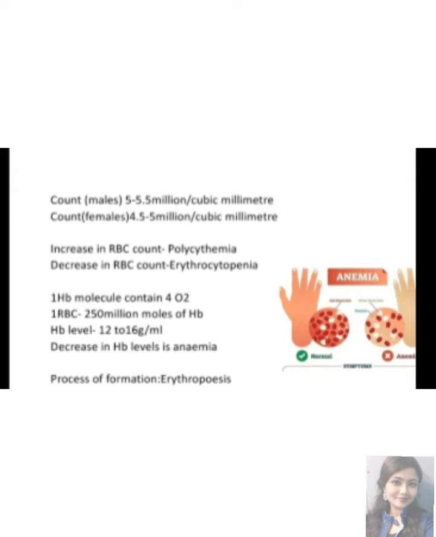Generally, we get confused between erythrocytopenia and anemia. But remember, when there is a decrease in hemoglobin level, it is called anemia. And when there is a decrease in RBC count, it is called erythrocytopenia. So these two are totally different. And the process of formation of RBC or the erythrocytes is called erythropoiesis.